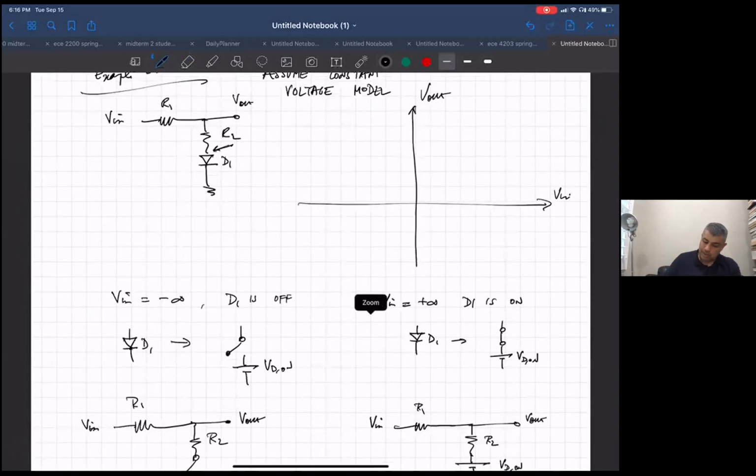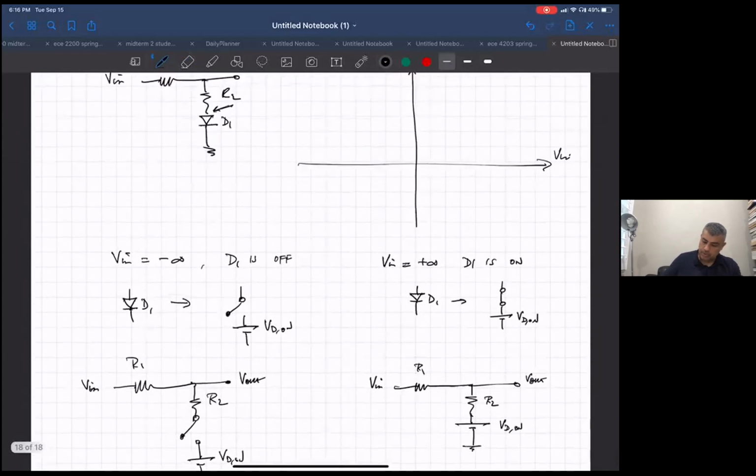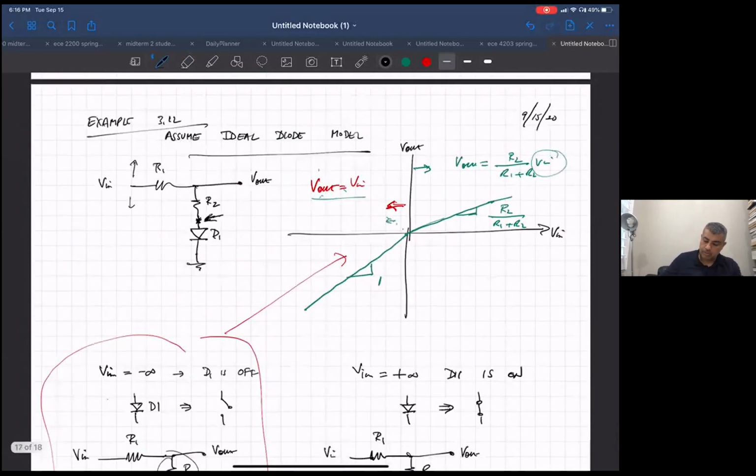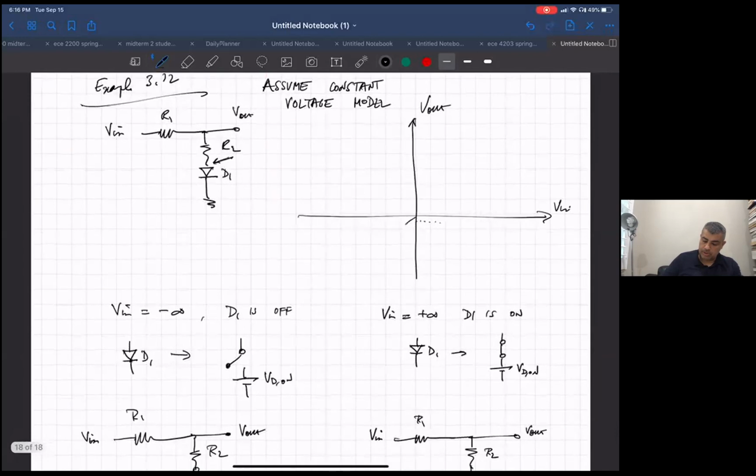Now it looks like we ended up with the same curve, but we moved the breakpoint over. Remember, the breakpoint before was when Vn was equal to 0. Now we move the breakpoint to when Vn is VD on.